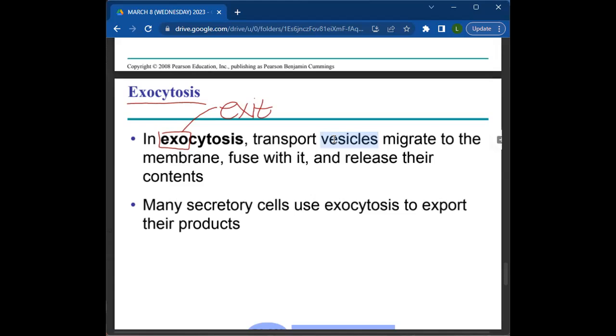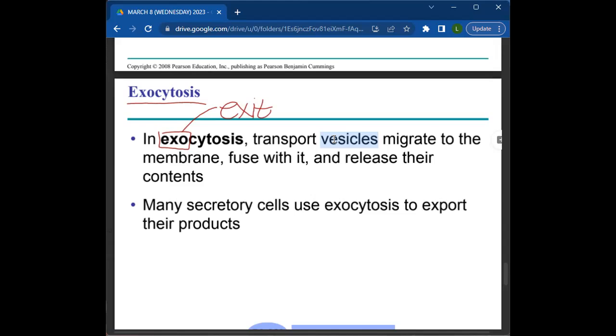Vesicles, I sometimes think of them as like little suitcases, just like how a suitcase you can carry and travel and it's transportable. That's what a vesicle is. It's going to contain something on the inside and it's going to travel from one place to another.